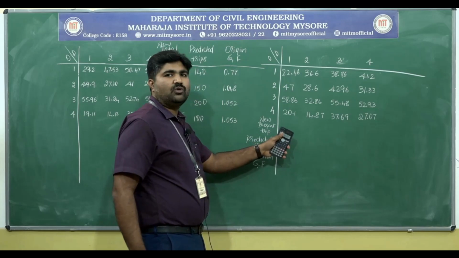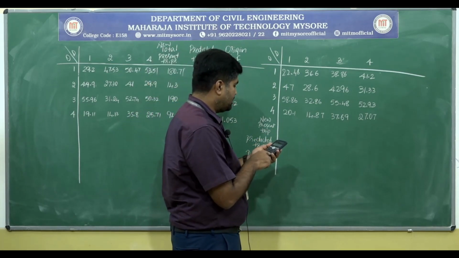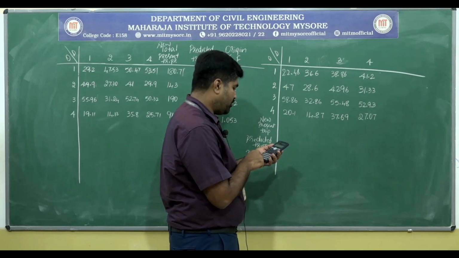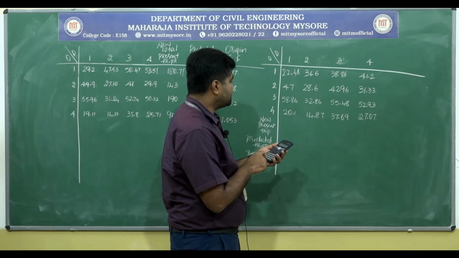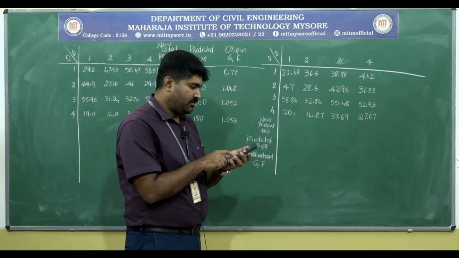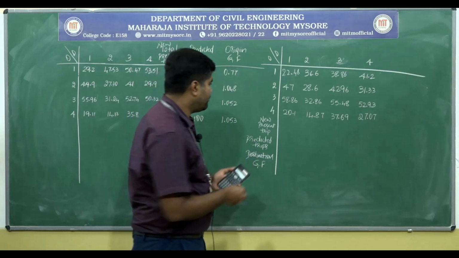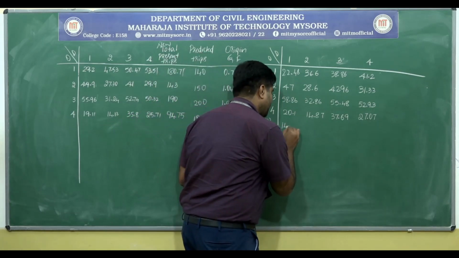Now add this entire column. You will get the new total of the present trips. 22.48 plus 47 plus 58.86 plus 20.1, you will get 148.44.